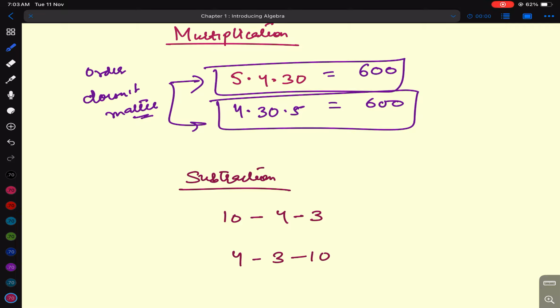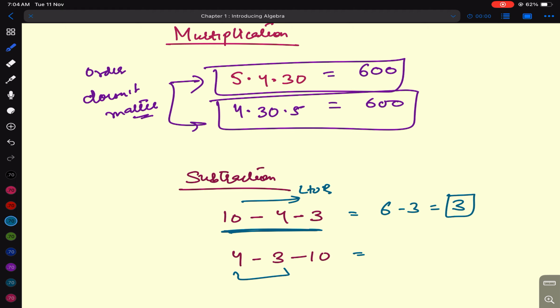In the first case, since we know that in addition and subtraction we perform the operations from left to right, this is going to give us 10 minus 4 as 6 and 6 minus 3 as 3. In the second alteration, this is going to be 4 minus 3, which is 1, and 1 minus 10 is going to give us negative 9.